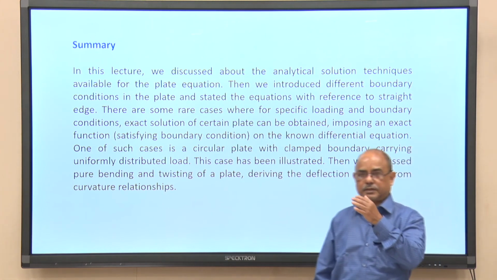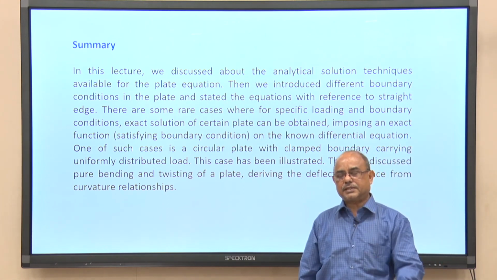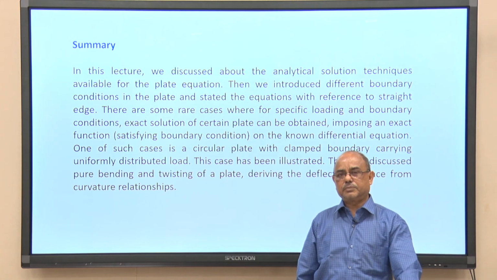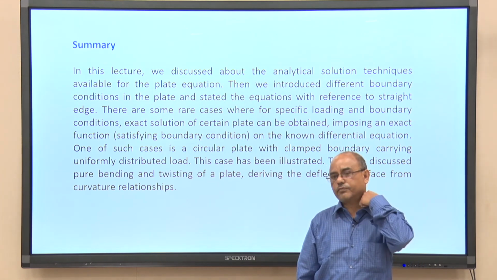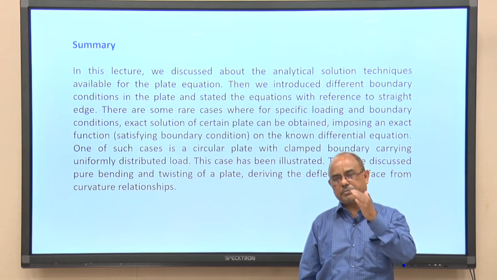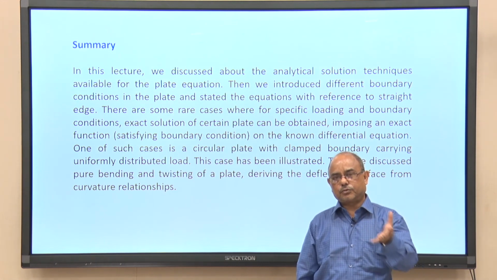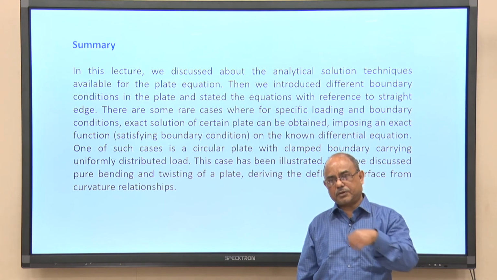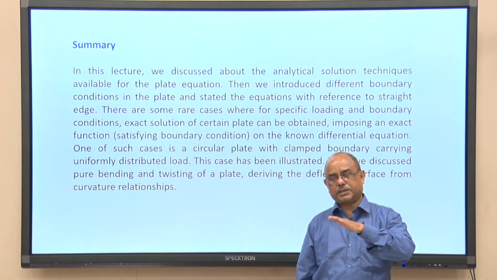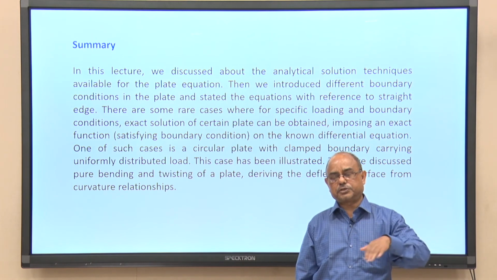Then I have focused that there are some cases where the closed form solution can be readily obtained. These are rare cases, and it happens for some particular boundary condition and particular type of loading, not for all cases. Okay. Very limited cases it can be obtained. One of such cases is the circular plate clamped along the edges and subjected to uniformly distributed load.